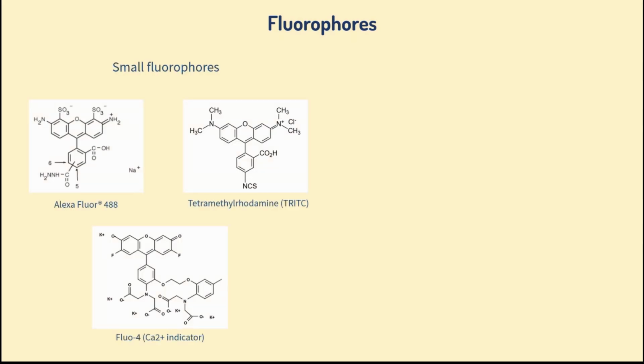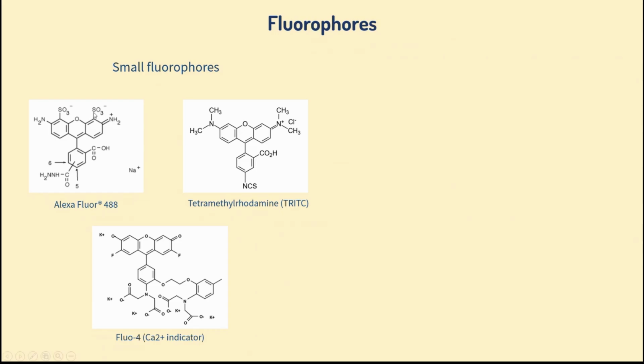Also, another note about the fluorophores. This part, I'm sorry for the people that are already working in biology, but I had to make these basic statements because some people are not used to working with fluorescence. So in fluorophores, we basically have two categories, let's say.